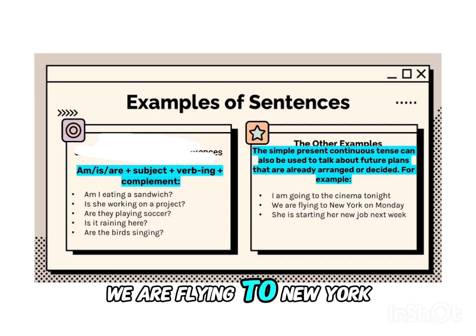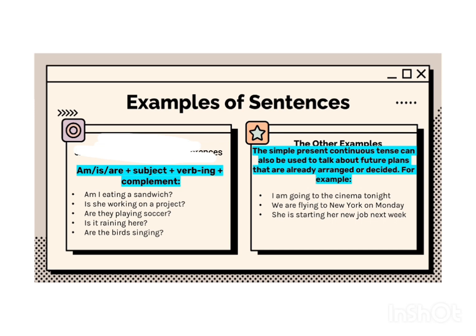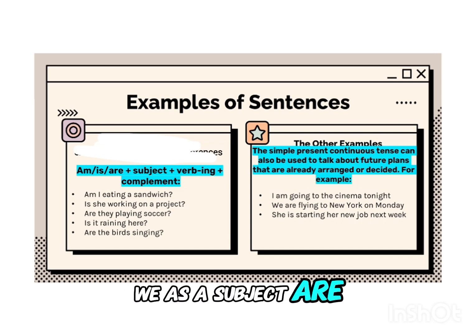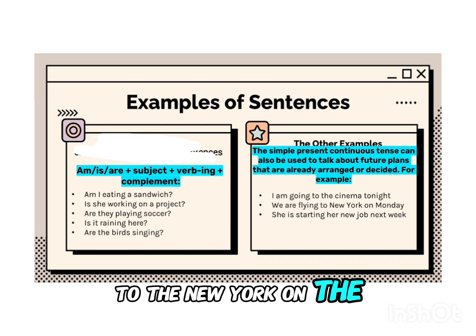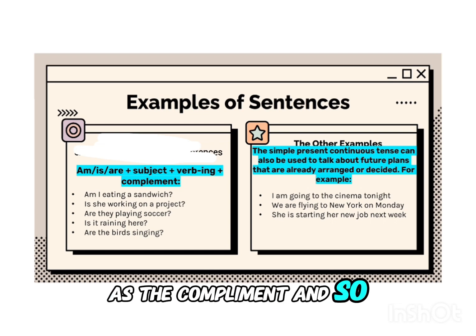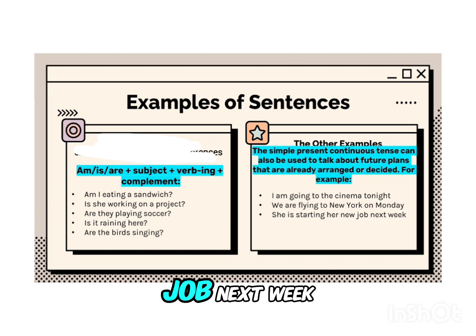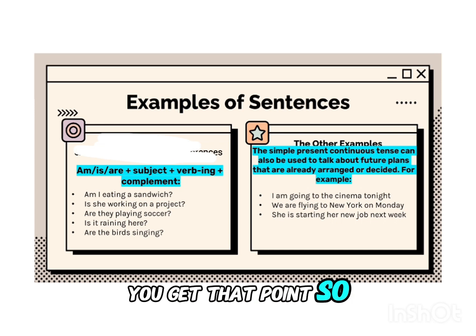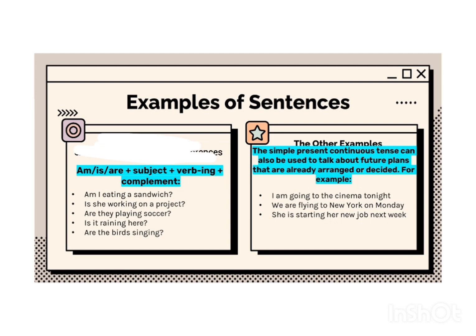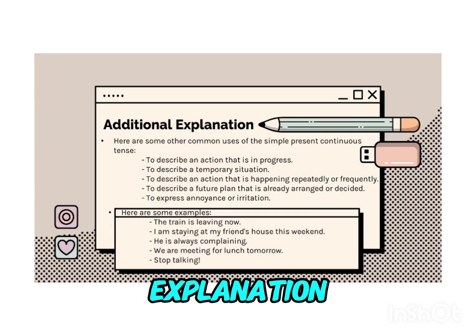We are flying to New York on Monday. We as a subject, are as a to be, flying as a verb-ing, to New York on Monday as the complement, and so on. She is starting her new job next week. You get that point? So this is for the additional explanation.